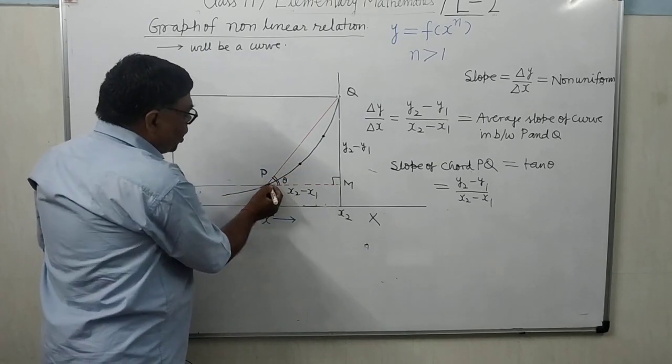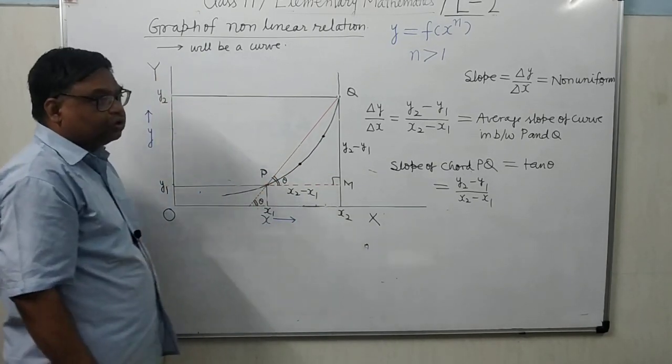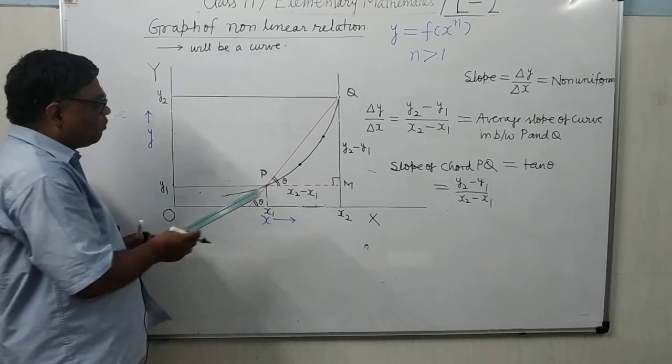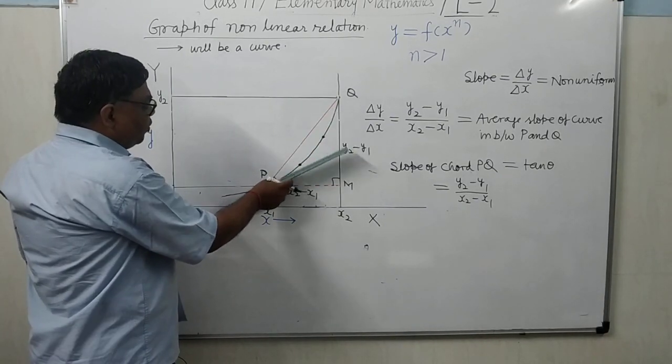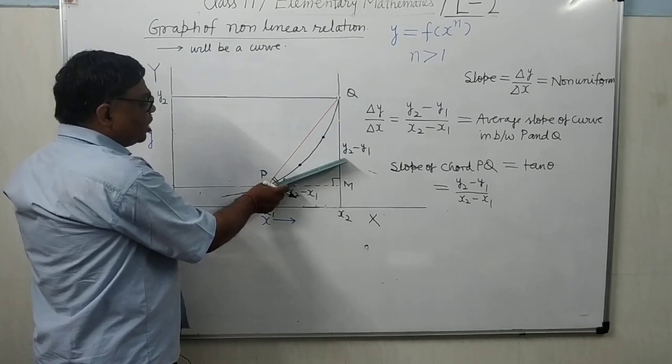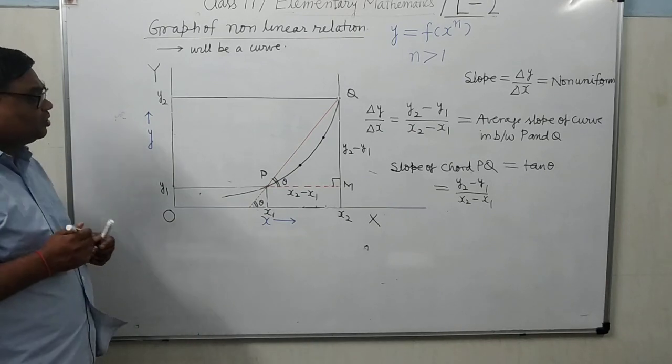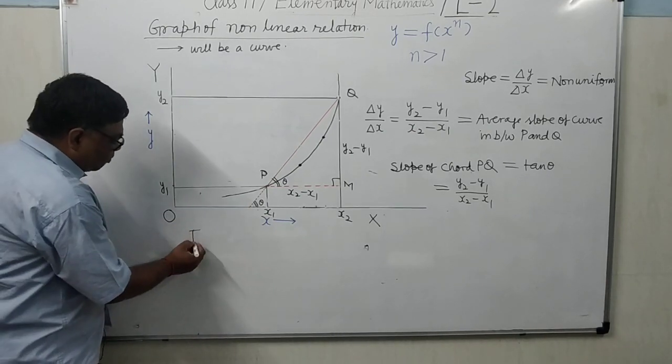When Q point is infinitely close to P, what will happen? This chord will change into tangent to the curve at point P. It is clear?